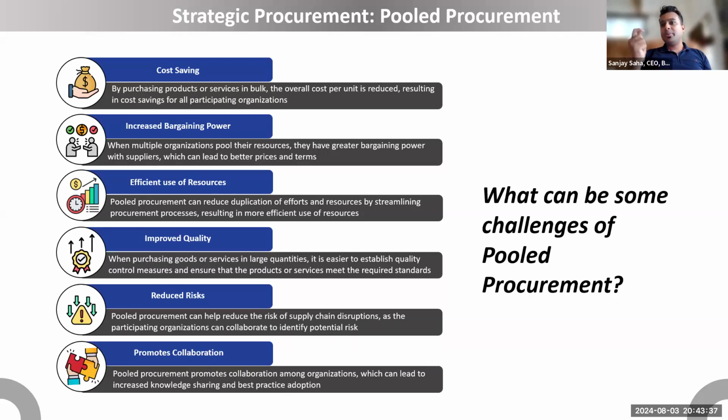From experience, the biggest challenge in pool procurement that I've seen is lack of coordination or communication. What happens is people come together, they fail to set up the secretariat. So everyone will still keep on communicating. It cannot work like that. There has to be one communication piece or a mouthpiece, like a speaker who speaks on everyone's behalf.